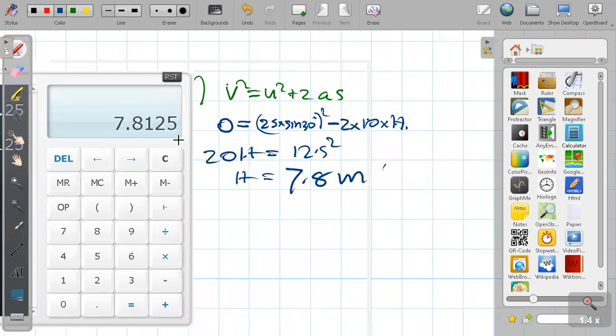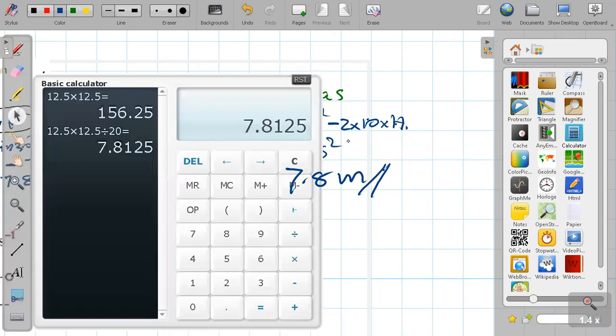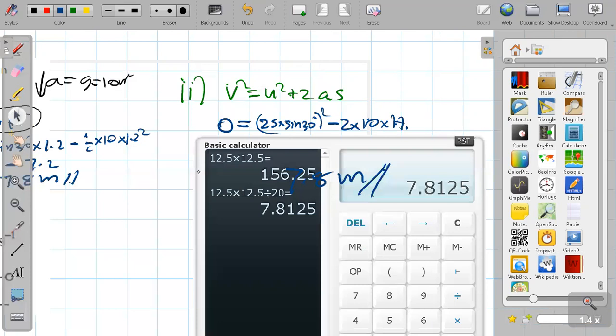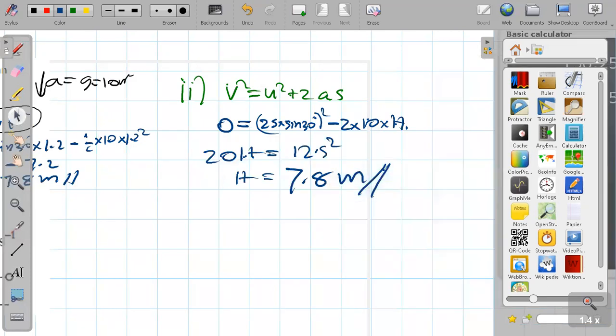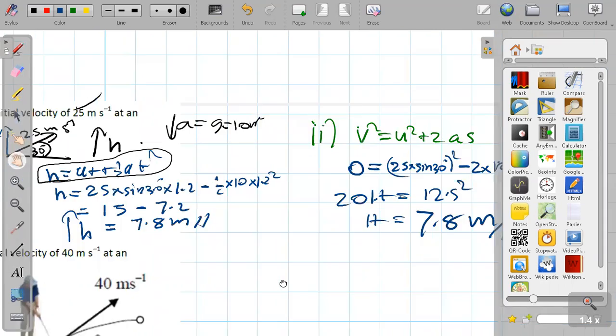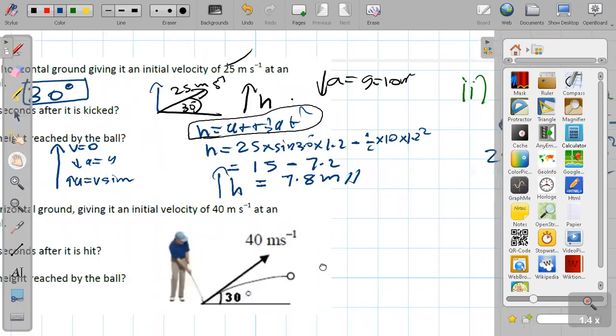Oh, we have achieved the maximum height this time as in the previous case. So what is my previous answer? I have accidentally, without knowing, found the greatest height, the maximum height.